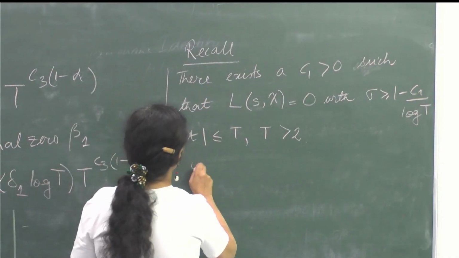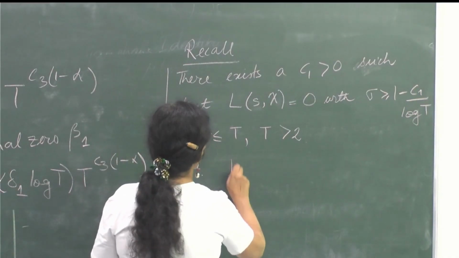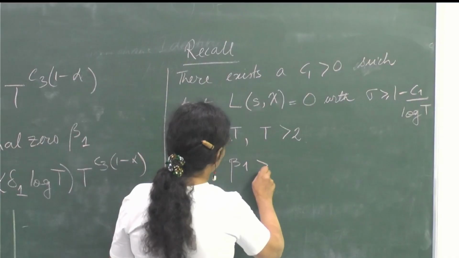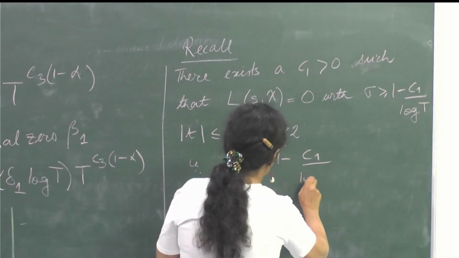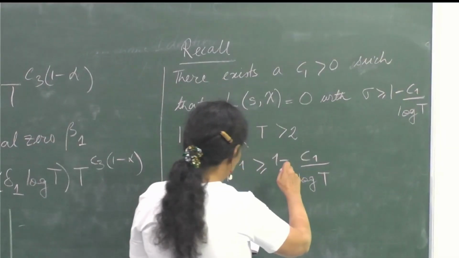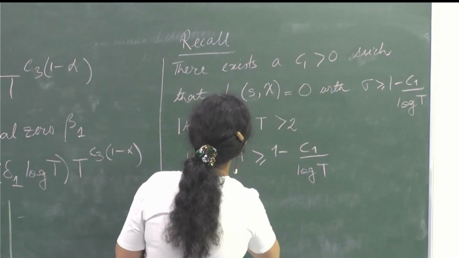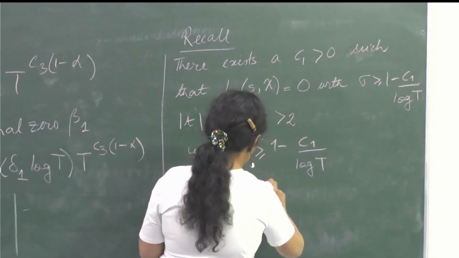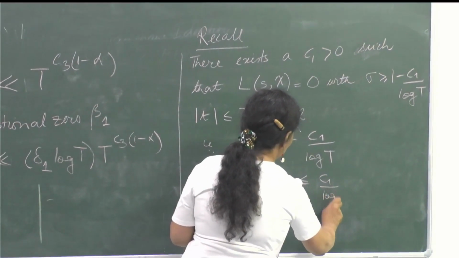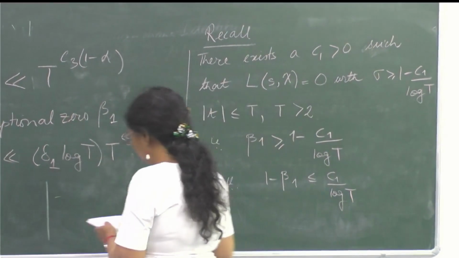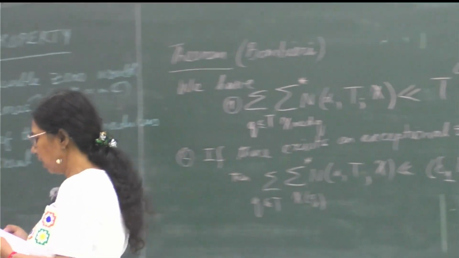Which means that beta 1 is greater than or equal to 1 minus C1 by log T, which is the same thing as saying that 1 minus beta 1 is less than C1 over log T. All right, this is Landau-Page.